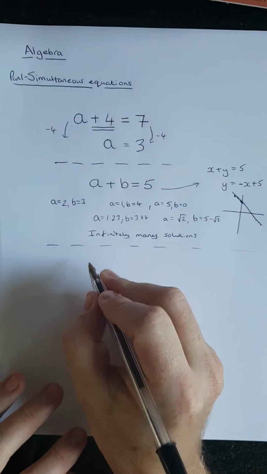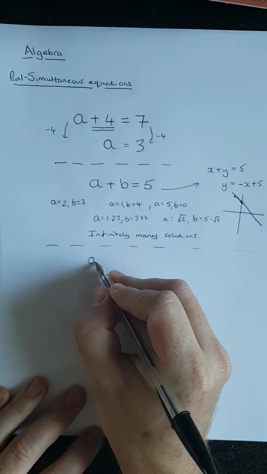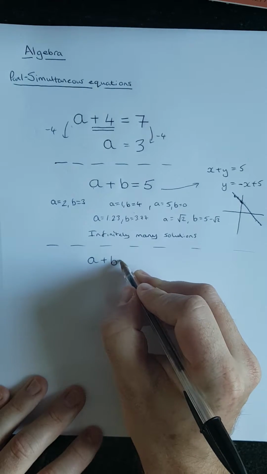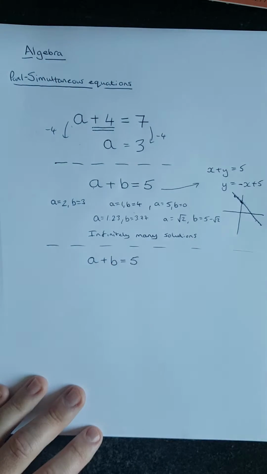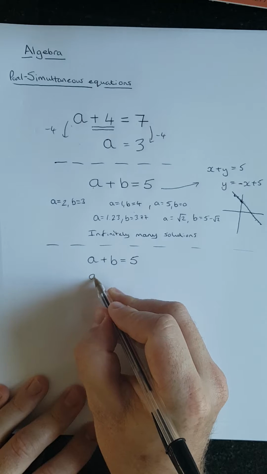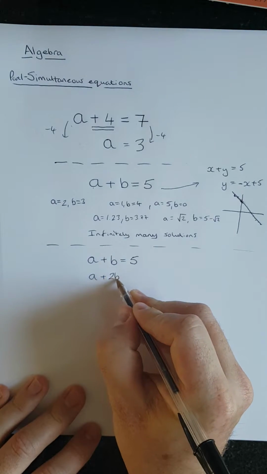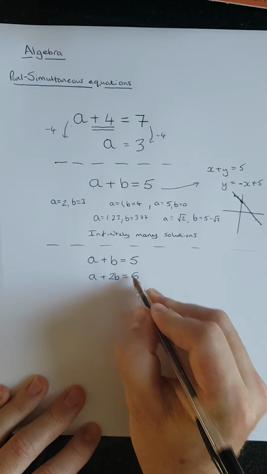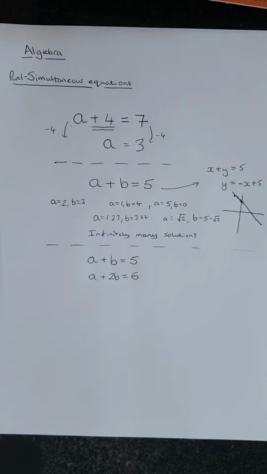Okay, well, let's look at another situation, shall we? What if I told you that A plus B was 5, but A plus 2 lots of B was 6? Can you tell me what A or B is?